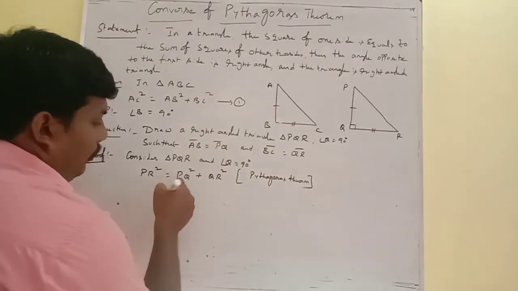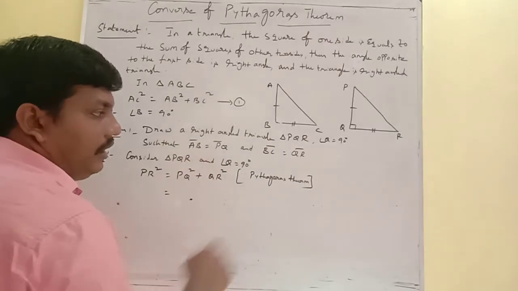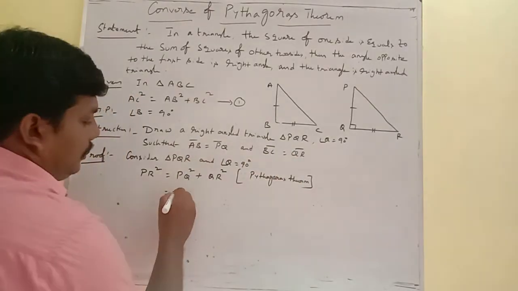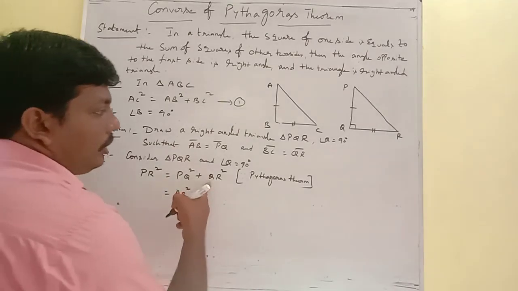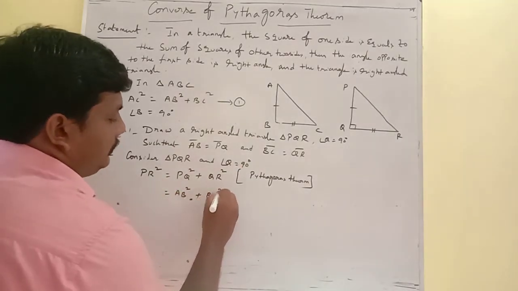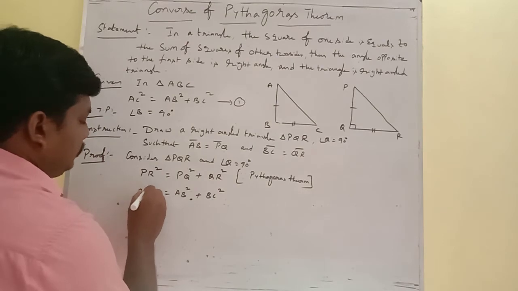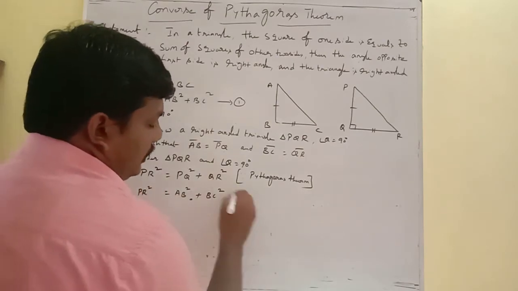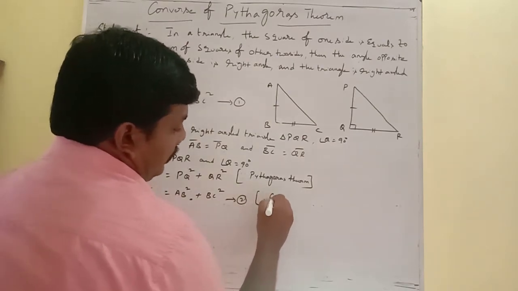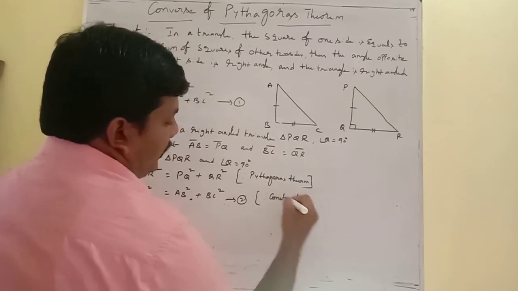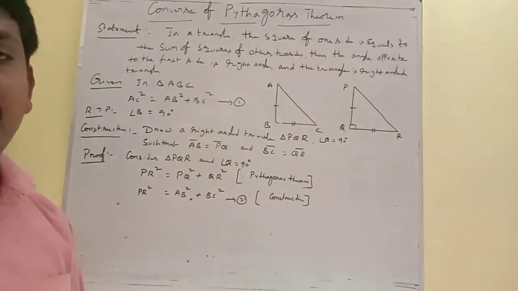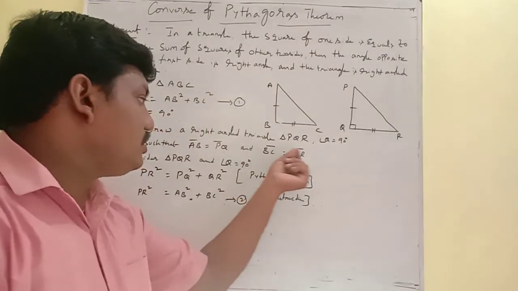But PQ is equal to AB and QR is equal to BC. In the place of PQ we can write AB, and in place of QR we write BC. So PR square is equal to AB square plus BC square. You can consider this as the second equation, since this is from the construction. It is very clear from the construction that AB is equal to PQ and BC is equal to QR.